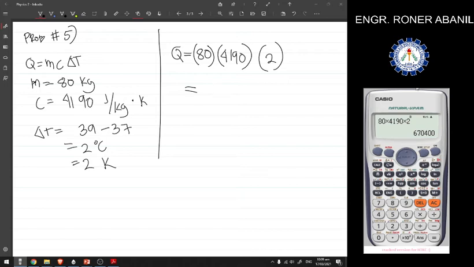What comes out now is, what is that, 6.7? 6.7 times 10 raised to the 5th power. Nice, right? The 3 became 5. So, that is 10 to the 5th power, in joules now, which is our unit. Okay? So, this is our answer to that problem.